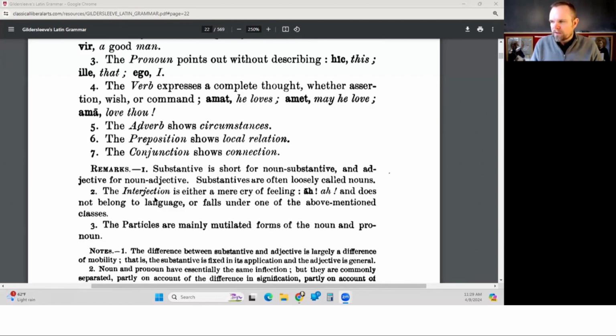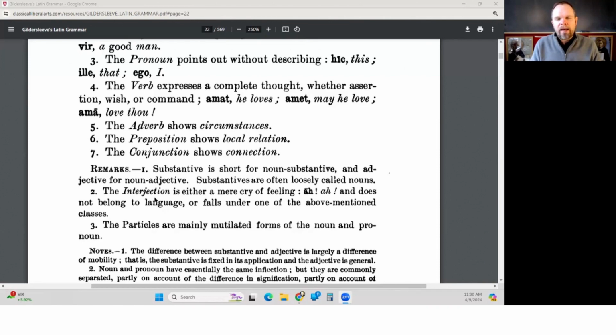Adverb, preposition, and conjunction. The adverb shows circumstances. It adds detail to verbs or adjectives. It adds more detail. So for example, the verb amat that we just learned in point 4 there says he loves. Well, that's kind of boring. It doesn't really give me much information.